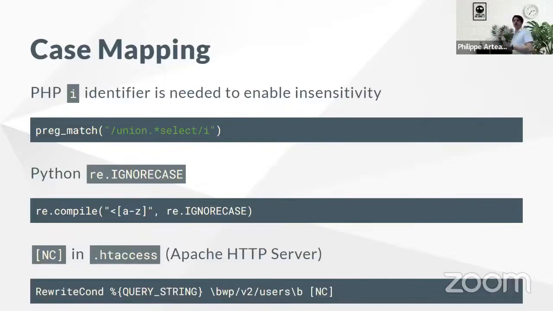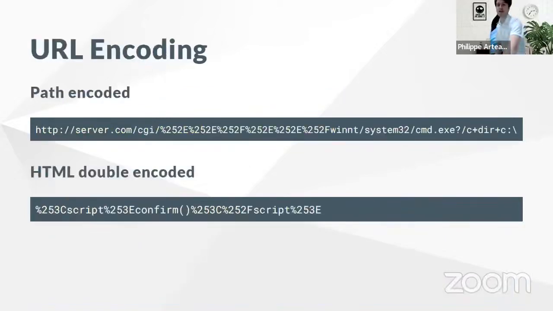In Python, you need to add an additional flag. And in Apache HTTP server, you need to add NC. Otherwise, it will be strict case validation. Case mapping is the operation of finding the uppercase equivalent character. So make sure if you are investigating some filter that case insensitivity is enabled.